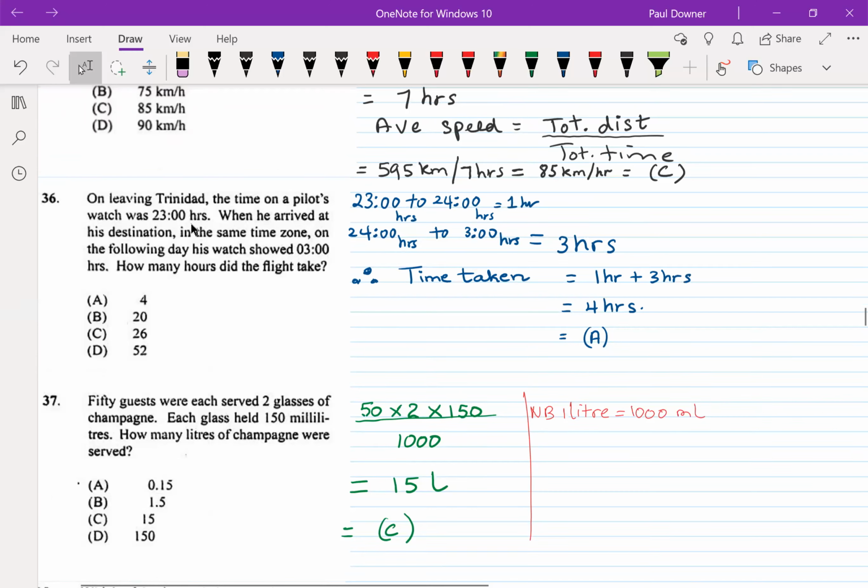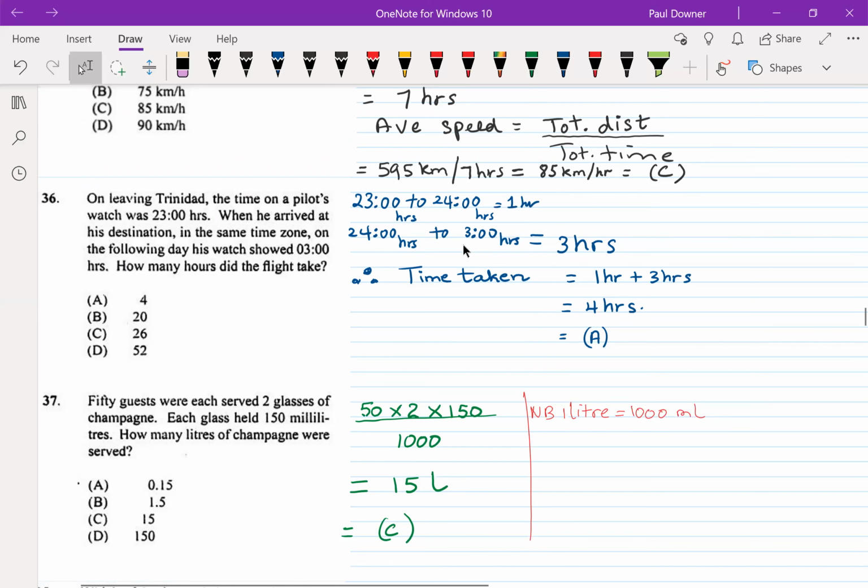All right, so 2300 hours to 2400 hours. That's how the 2400-hour clock works. That will close off that particular day. So that time is 1 hour. But now we start to move into the other day, because remember, he went into the following day. So from 2400 hours to 0300 hours means you're going to start over.